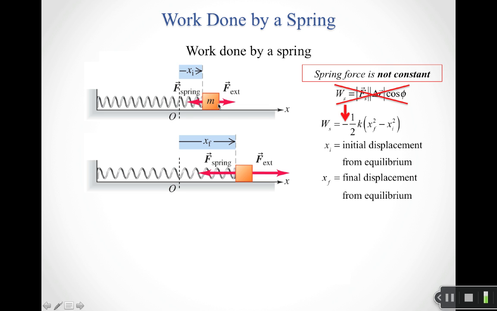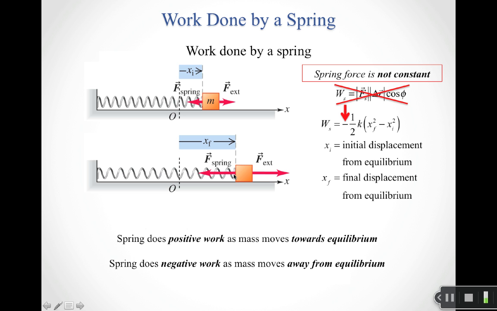So I know that the spring has done negative work in this case. Well, if my final displacement is larger than my initial displacement, then this inside the parentheses is going to be a positive quantity. So I need this minus sign here to give me the right sign for my work value.